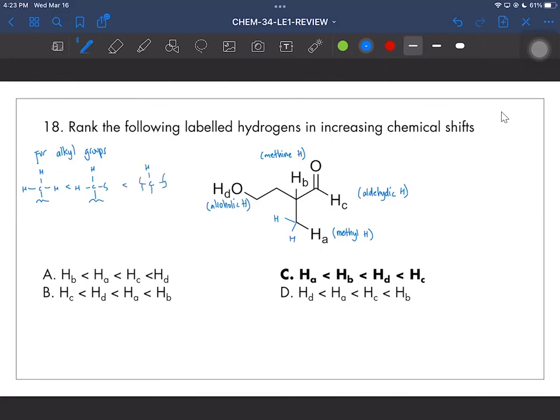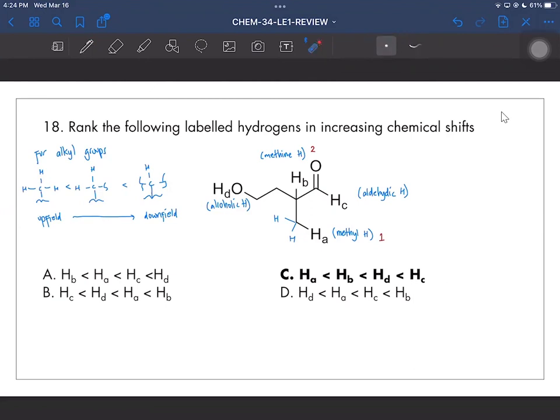Our methine groups are relatively more downfield compared with yung methyl group natin. So as we substitute more carbon groups sa alkyl groups natin, the proton becomes more downfield. And therefore, if we rank between the methyl and the methine, this would rank number 1, and this would rank number 2.